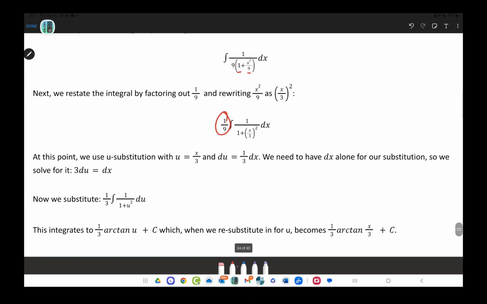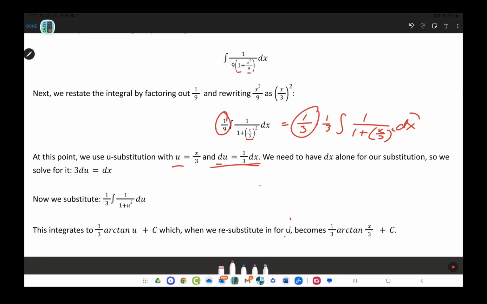So here we're going to substitute u for x over 3. du is equal to 1/3 dx. Do we have a 1/3? Not quite, we have a 1/9. But that just gives you 1/3 times 1/3 times the integral of 1 over 1 plus x over 3 squared dx. Since du is 1/3 dx, we want to replace 1/3 dx with du.